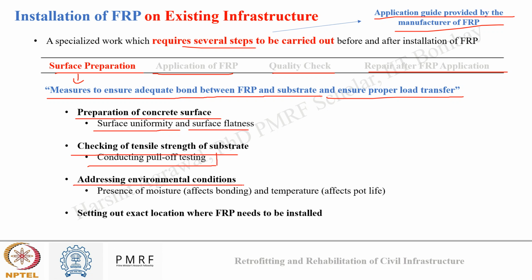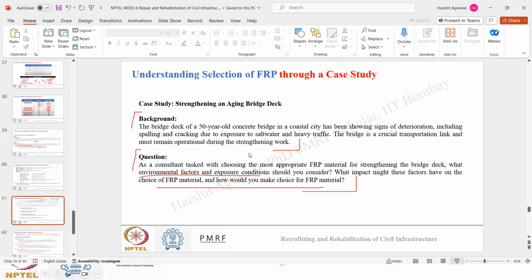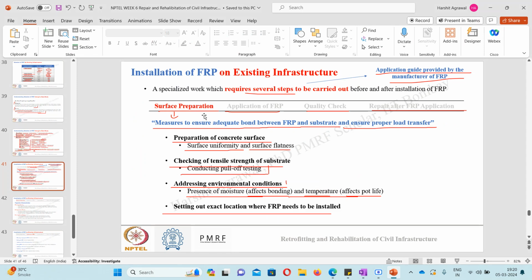Third is addressing environmental conditions like the presence of moisture and temperature. Moisture can affect the bonding and temperature can affect the pot life of the FRP. And fourth is setting out the exact location where FRP needs to be installed. So these four measures are needed for the surface preparation of my existing structure before installation of FRP.